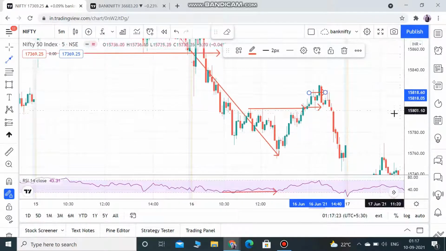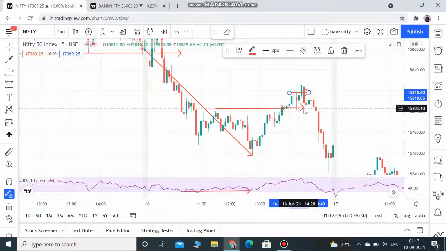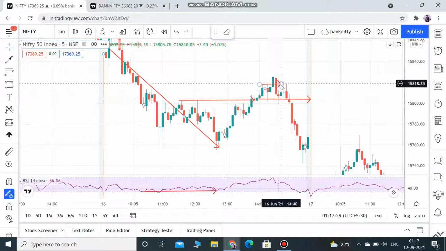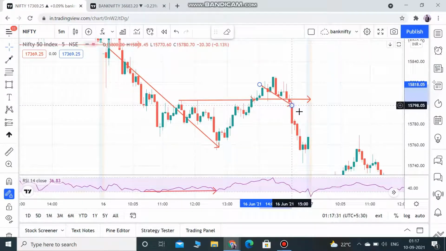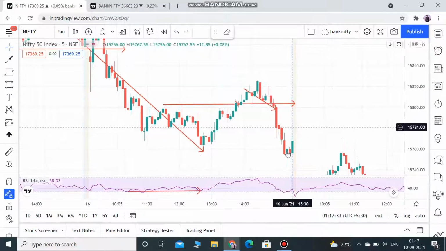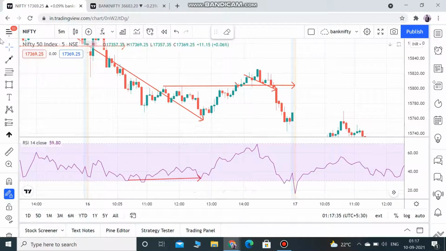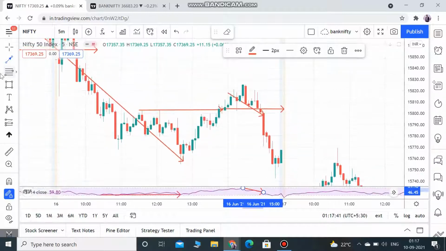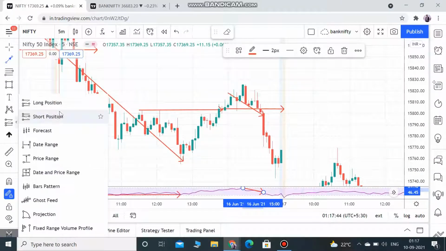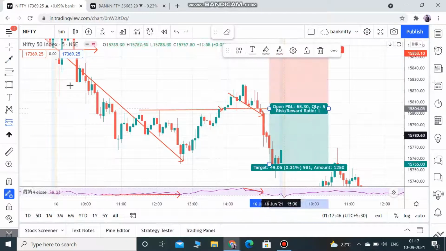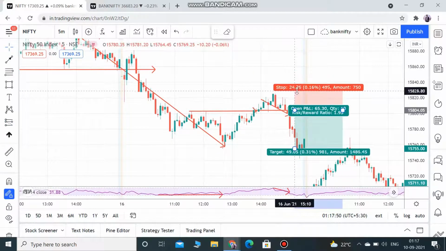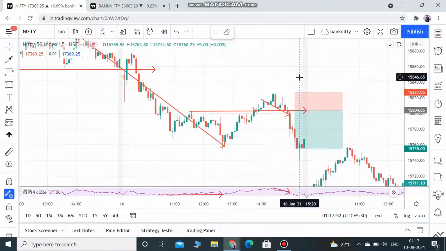So once you see there's a break of structure like this, you can see RSI. RSI is also satisfying our need. This is where you take your trade by going short from here, with stop loss just above your pullback.